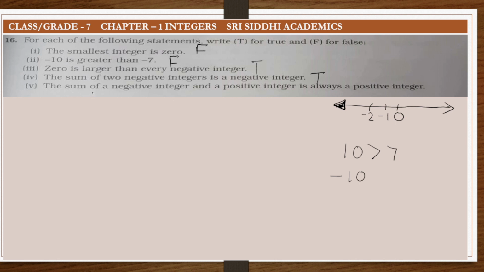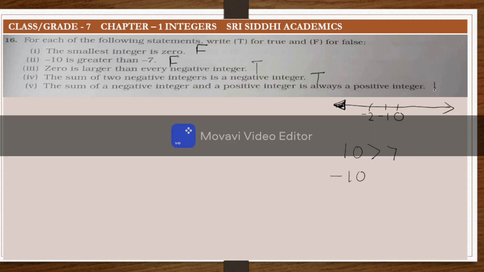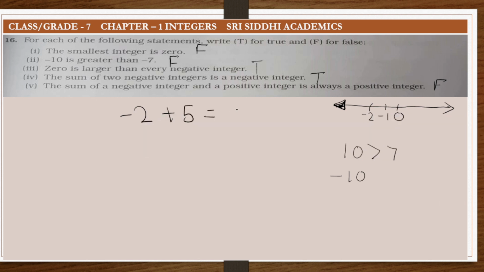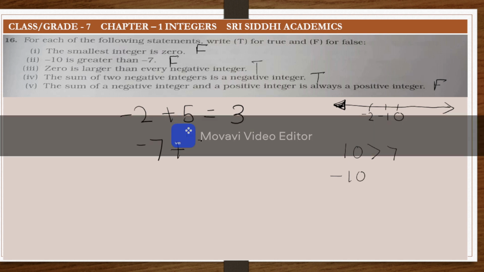Now question number 5 says the sum of a negative integer and a positive integer is always a positive integer. No, this is not true. This is false. Why? Because suppose I take one negative integer like -2 and try to find its sum with the positive integer 5, then answer will be 3, which is okay. It's always a positive integer. Still we are not clear. Let's take some other value. Let's take -7 and add it up with 5.